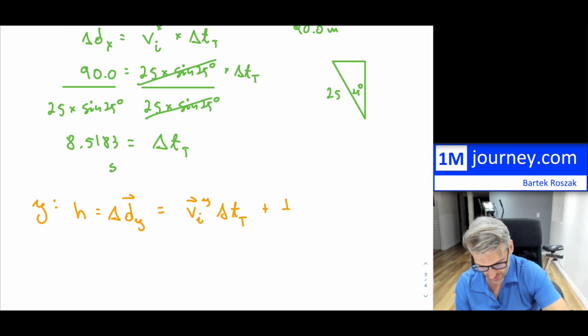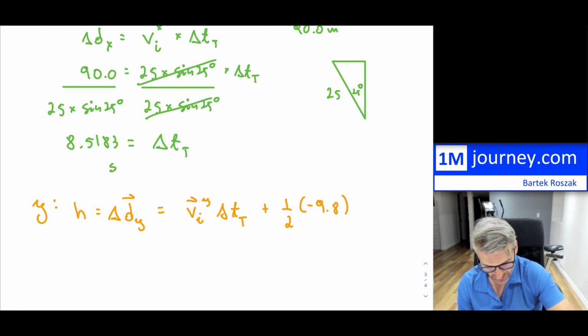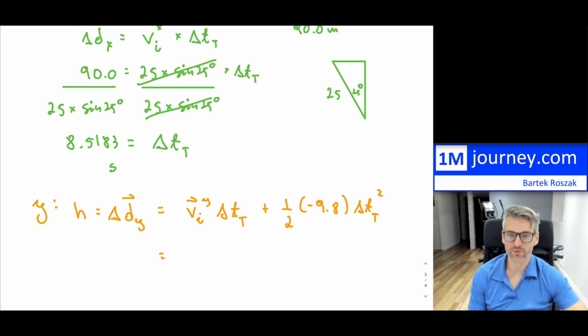And then plus 1/2 times negative 9.8, and this entire thing is going to be times delta t squared. So what does this equal altogether?